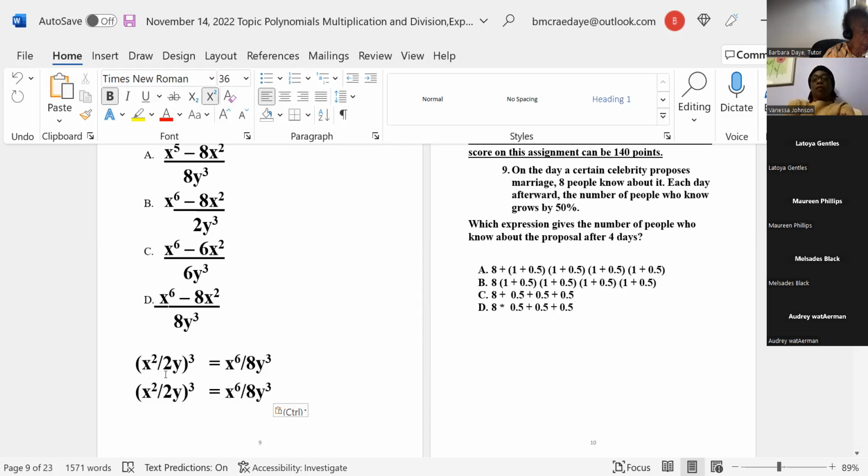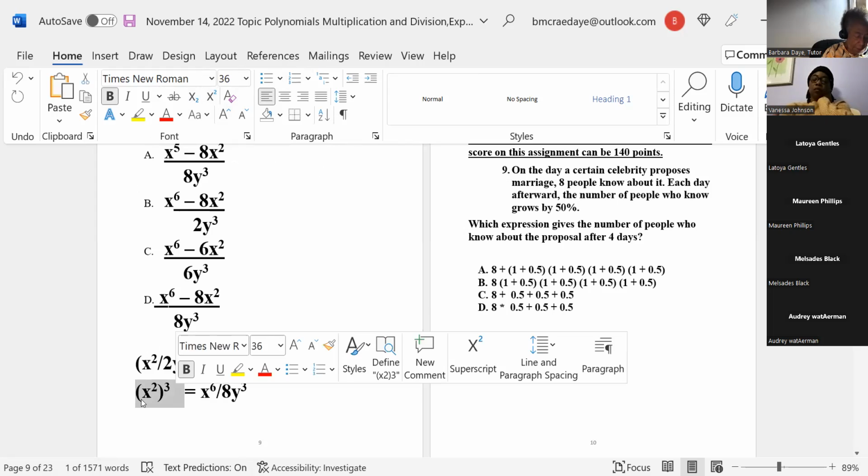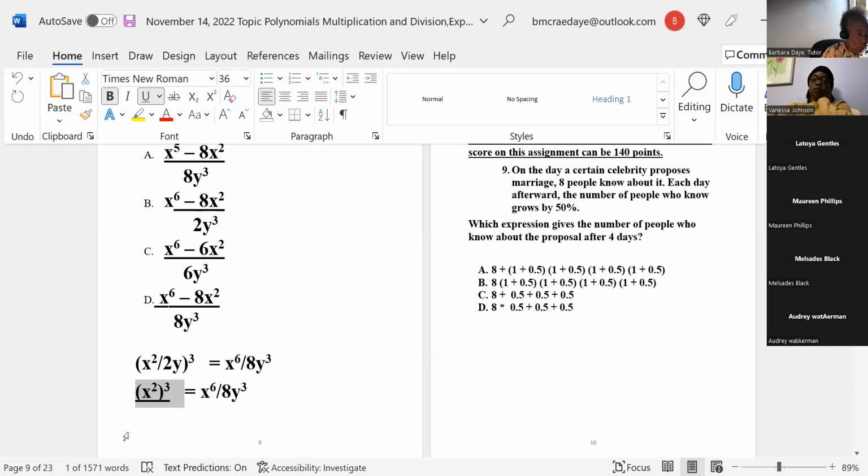This would be x to the second to the third power. Let me just take that. That's raised to the third, and the 2y raised to the third. So let's just put that underneath. And the 2y is also raised to the third power.